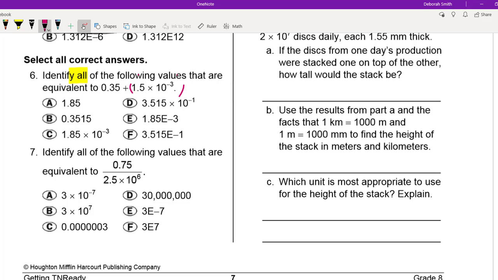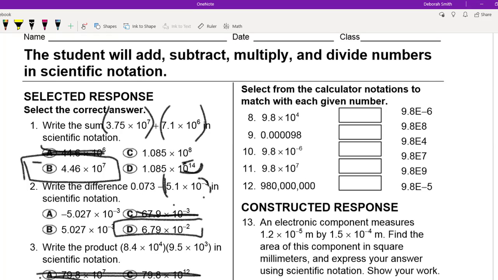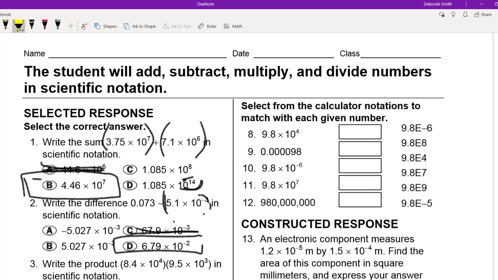So the ones that apply, you're going to pick B, D, and F. Those are all the same. Number 7 is similar. It says identify all. So you're going to pick A, C, and E. So that's calculator skills.